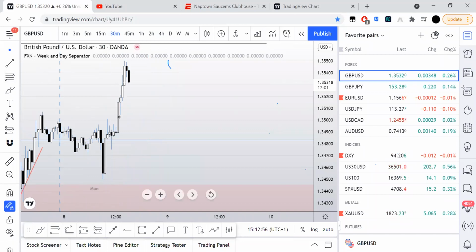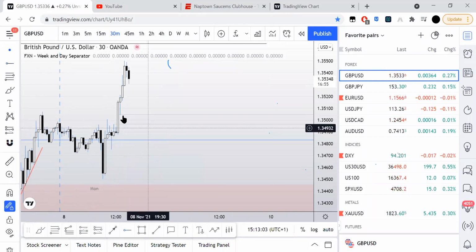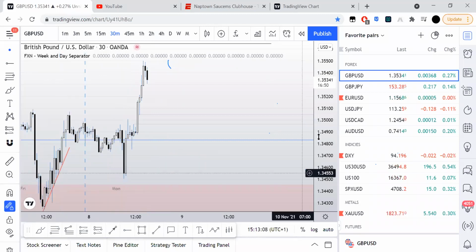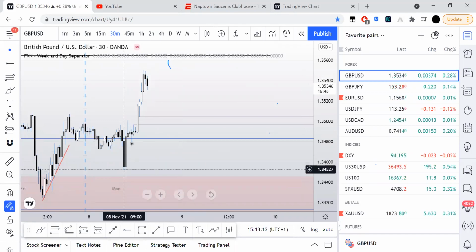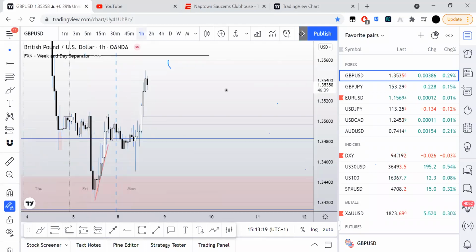Could be something once it comes into this busy area right here, this inefficiency. You could mark out the order block and then mark out this low right here, and wait for this deep discount. But I wouldn't even want to see it come back down there, to be honest.